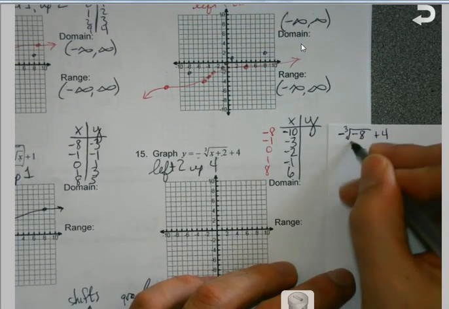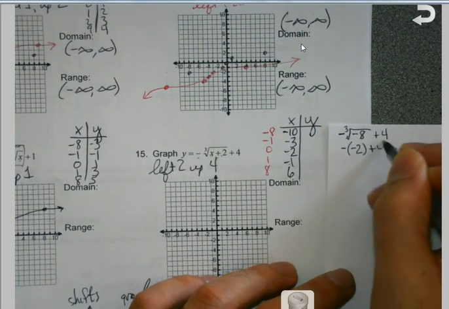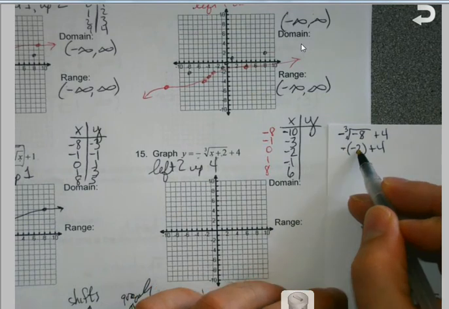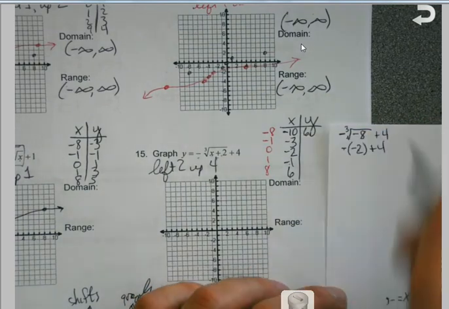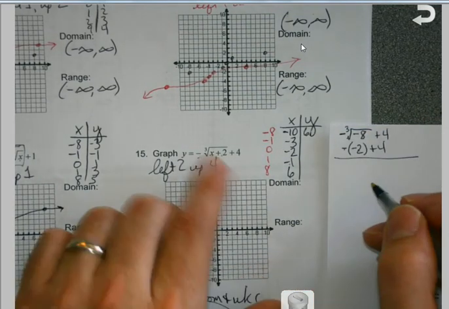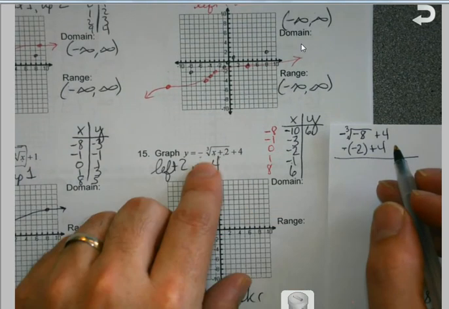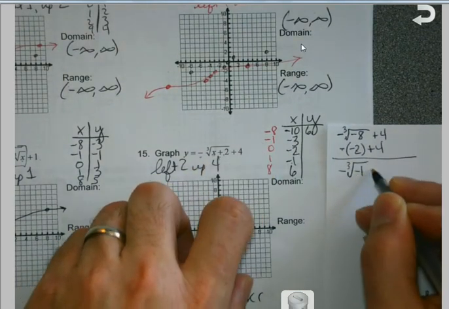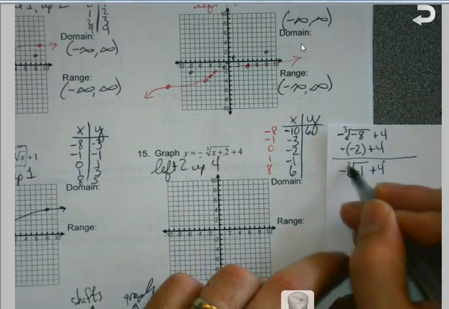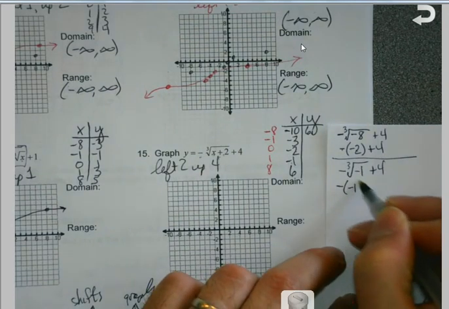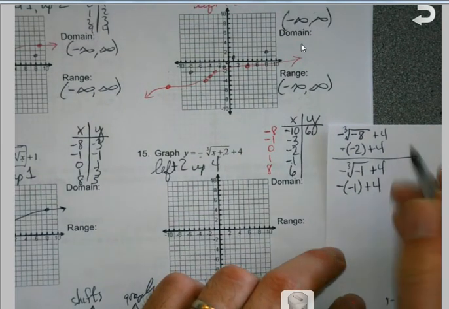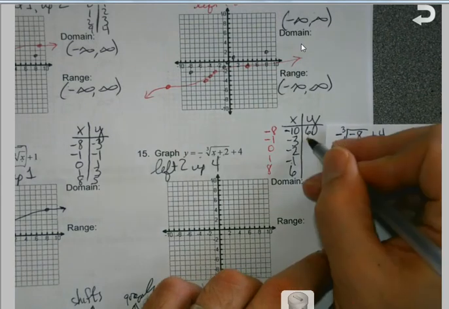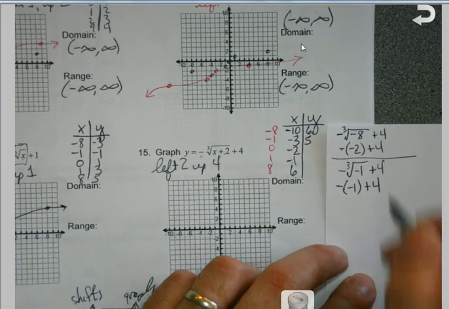But there's a negative out here, so I'm going to be careful. So the opposite of negative 2 is 2, plus 4 is 6. Okay. And I'm going to do the mental math with each of these. So negative 3 plus 2 is negative 1. The cubed root of negative 1 is still negative 1. So the opposite is 1, plus 4, which is 5.